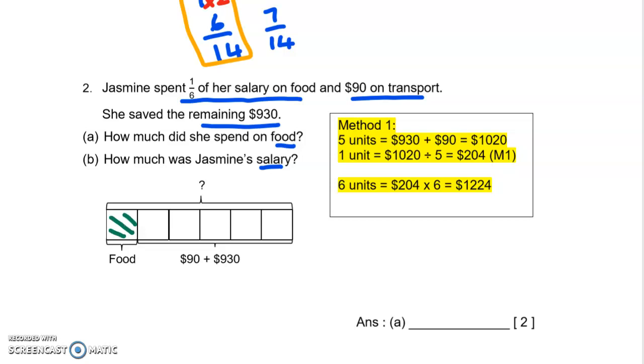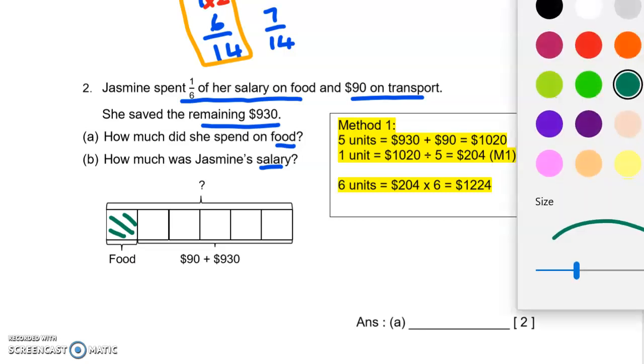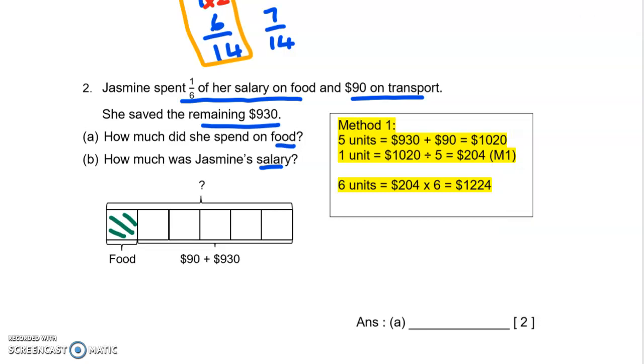Now she spent $90 on transport. That means the remaining 5 units here is 90 plus 930. So that's where I get 5 units is equals to 930 plus 90, which is 1020. So for this 5 units, it's 1020.